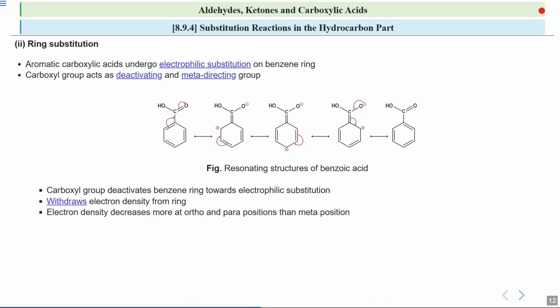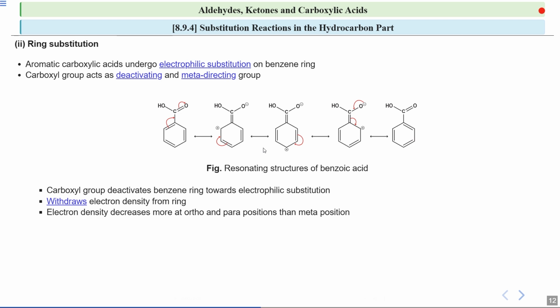Now the important thing to notice over here is that the effect isn't the same everywhere on the ring. That is, the electron density decreases more at the ortho and para positions than at the meta position. If you look at these resonating structures, you will see that the positive charge is pronounced at the ortho and para positions.